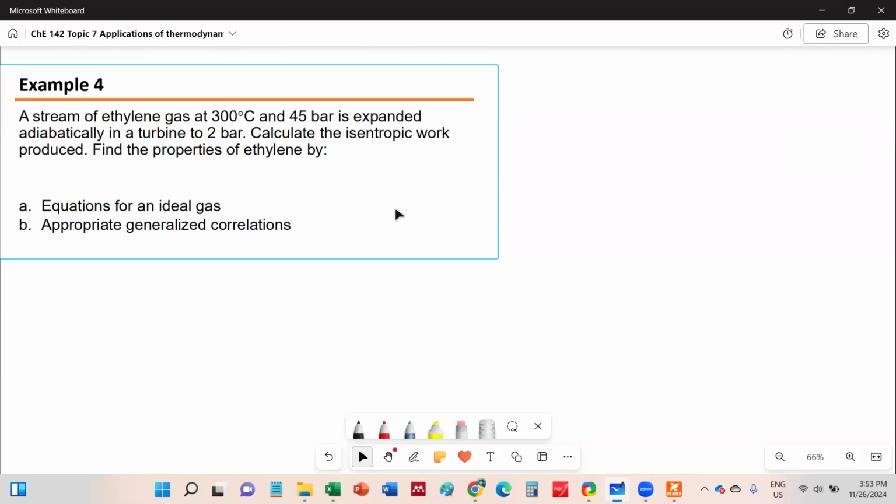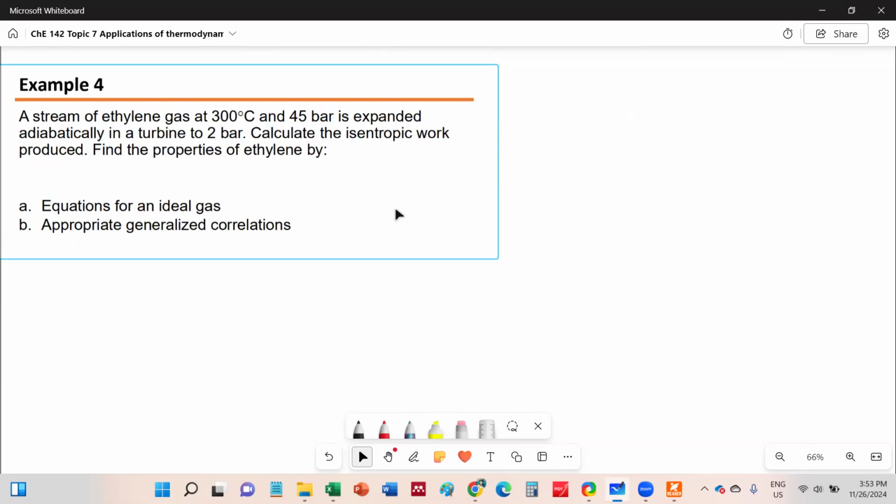Calculate the isentropic work produced. So there's work produced in the expansion. There are two ways that we can calculate the isentropic work: first, letter A, assuming an ideal gas, and letter B, by using appropriate generalized correlations.